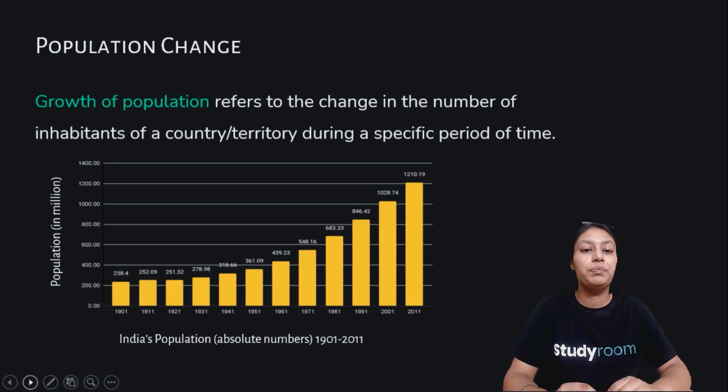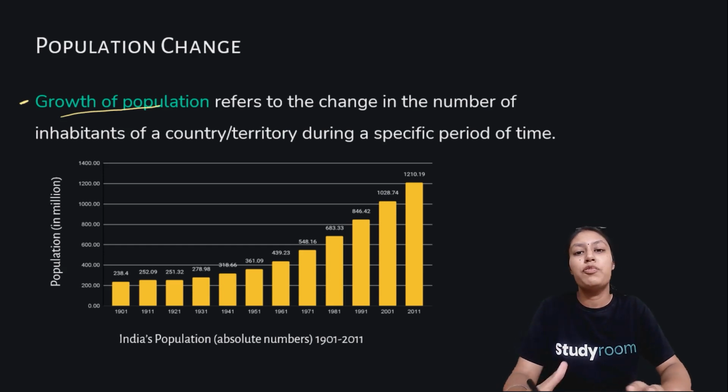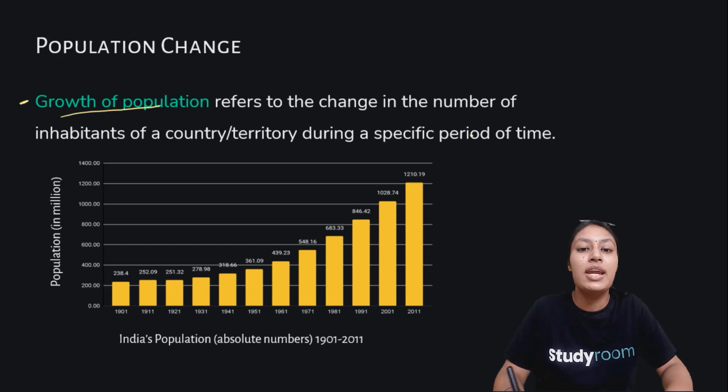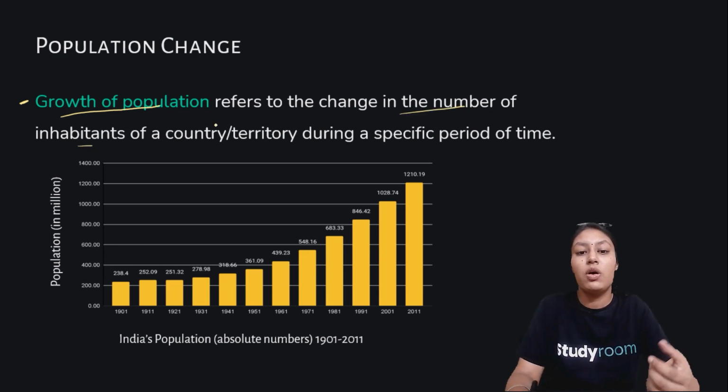The one major thing to study here is the definition of growth of population. Growth of population simply refers to the change in the number of inhabitants in a country or in a territory during a specific period of time. Very simply, we can understand this.